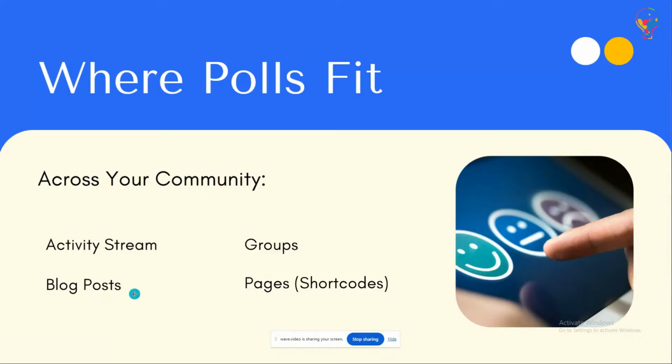You can include a poll in any blog post, and the activity stream and group activity stream are the same thing: for a dedicated group or site-wide, you can allow your members, or run a poll yourself, to get better feedback there. So keeping this in mind, we have created the BuddyPress poll plugin.